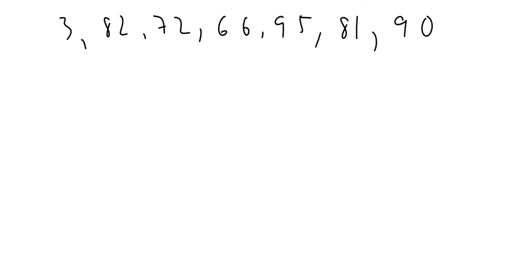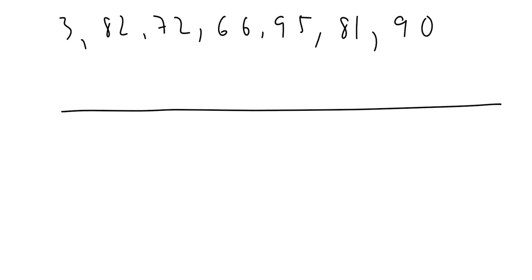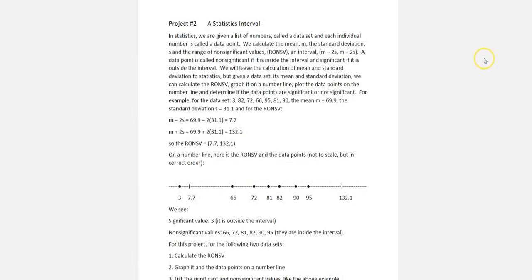Okay, so here's a number line. I'm not going to draw everything to scale, but I will put things in the correct order. And so the range of non-significant values, I'm going to start with those numbers 7.7 and 132.1.